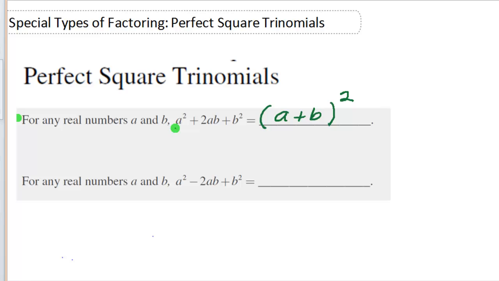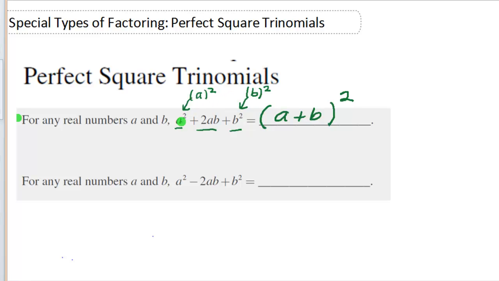You have a trinomial, so there's three terms. The first term is a perfect square. So this would be some number or some variable squared. The last term is also a perfect square. It can be a number or a letter squared.